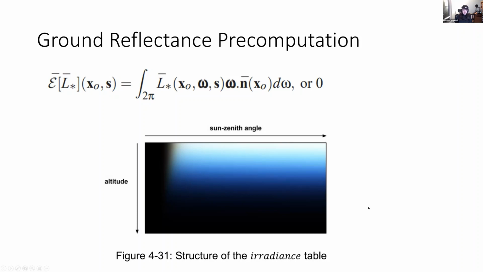So this is what the final result after all of that stepping will look like. It's a 2D texture: you get your sun angle and your altitude, and you can just look up the value of this epsilon. But remember that this is the reflectance at the point that hasn't been scaled by the actual properties of the ground, so at runtime we'll have to apply that.